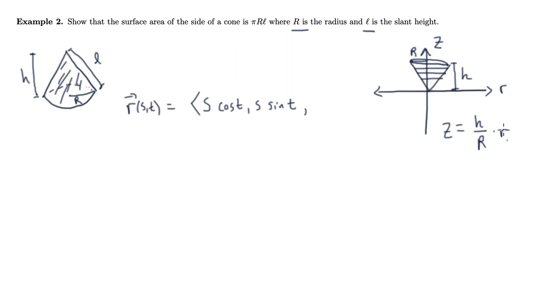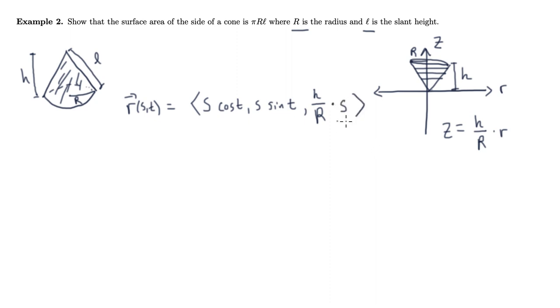So z is h over R times little r, but my parameter s is really acting as my radius. So my z-coordinate is going to be h divided by R, and then times s.